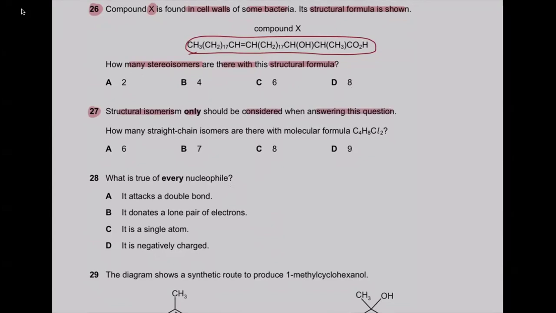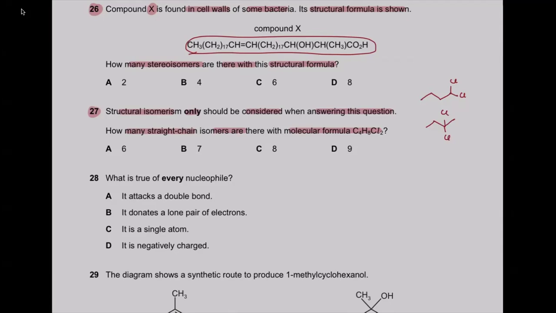How many straight chain isomers are there with the molecular formula C4H8Cl2? So 1, 2, 3, 4. If both chlorines are over here, that is one isomer. If both chlorines are over here, that is the second isomer, right?